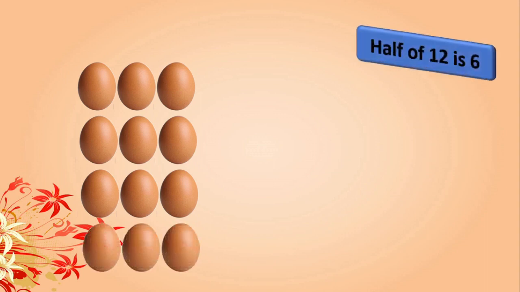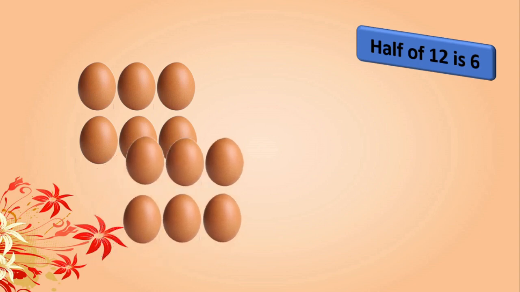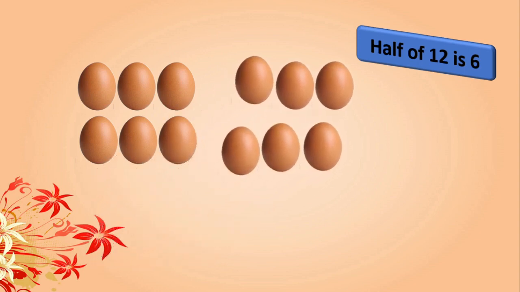Now see here, how many eggs do we have? We have 12 eggs. Okay, first we will do half of this. You know, half of 12 is nothing but 6. Okay, now we will try to make a quarter part of this. Yes, dear children, you know that quarter means half of half. Here half is nothing but 6. Correct? Now half of 6 is how much?